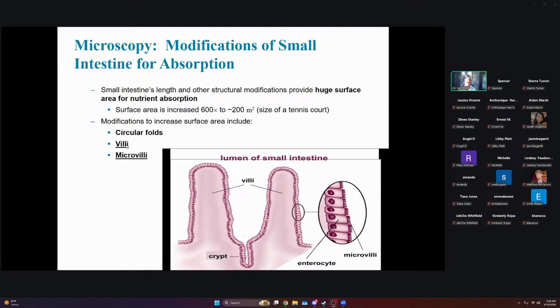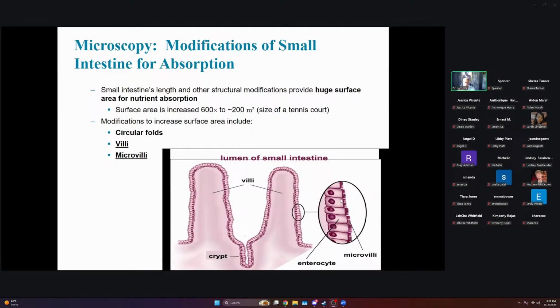And then what you do need to remember for the lecture exam are things that we talked about in lab already. Those are the finger-like projections off the inner linings of the small intestine called villi. And then off of the villi, we can see here in the inset in this blow-up image, even further, almost microscopic, almost hair-like, finger-like projections off the villi themselves that are called microvilli.